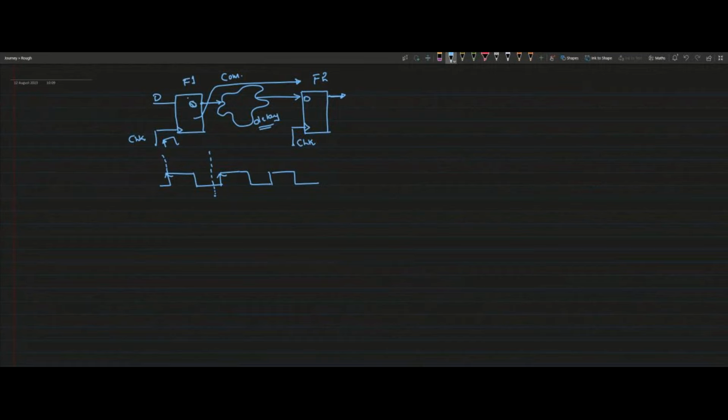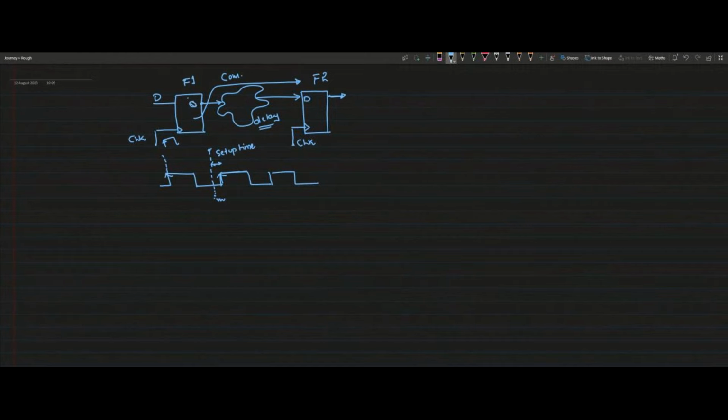So I assume that slightly before the rising edge the data is ready and stable, so that I can capture that data at this rising edge. The margin required, the time before the next rising edge of the clock where the data has to be ready, we call it setup time.